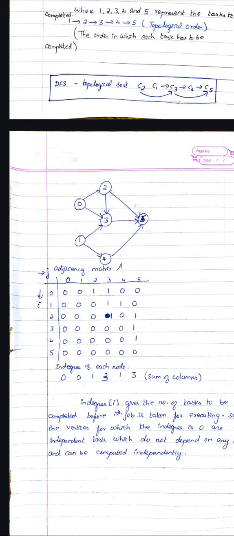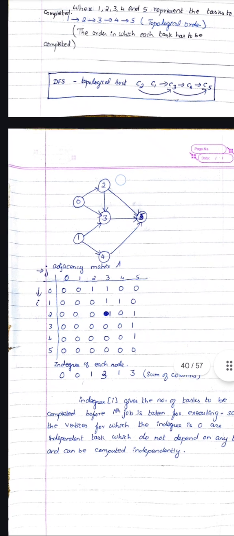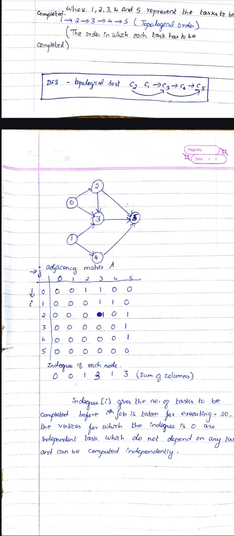Then the DFS topological sort: C2, C1 to C3, C4 to C5. For DFS, we have it like this.